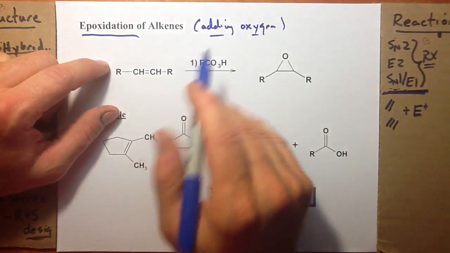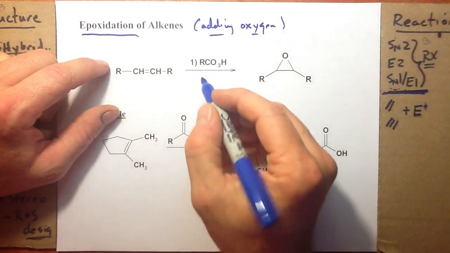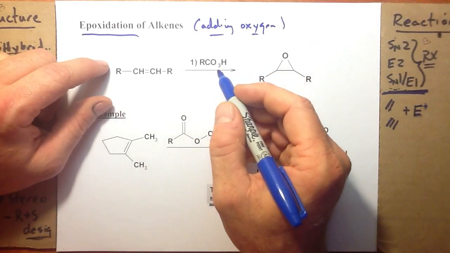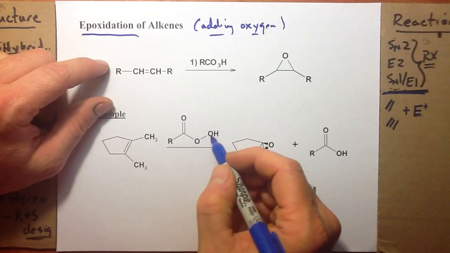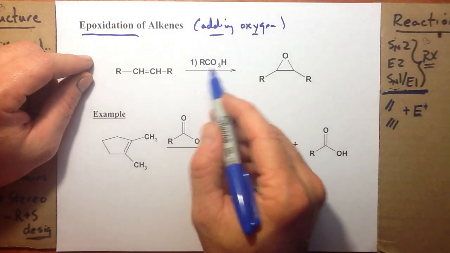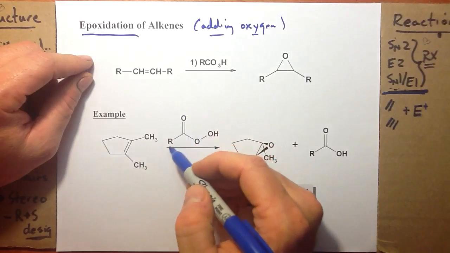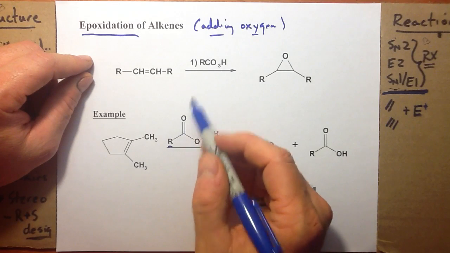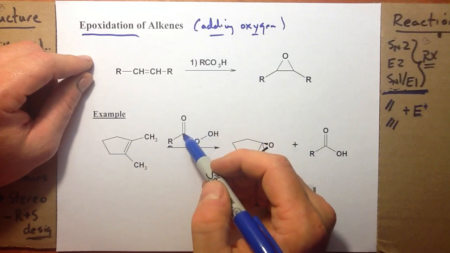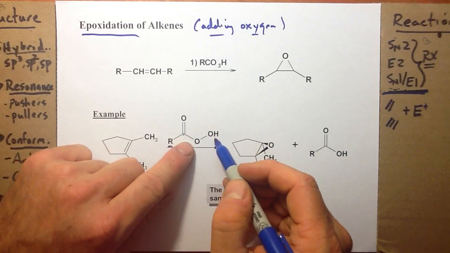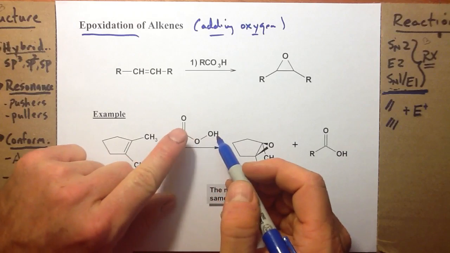Now, epoxidation, we simply have some sort of peroxy acid where we have a peroxy linkage within a carboxylic acid group. That can be written in text form then as some R group, whatever it might be, alkyl, benzene ring, with the carbon in the carbonyl, and between the carbonyl and the H, two oxygens, not just one.